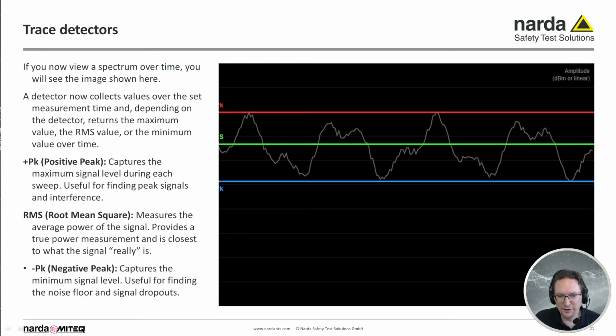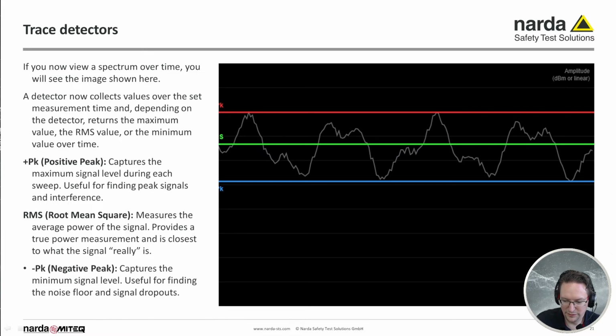For the minus peak, it will take the lowest value, and for the RMS, it will take the root mean square value. This provides the true power measurement and is the closest to what the signal really is. That's why the RMS value is mostly used for EMF measurements.